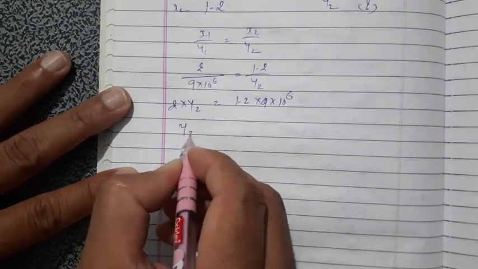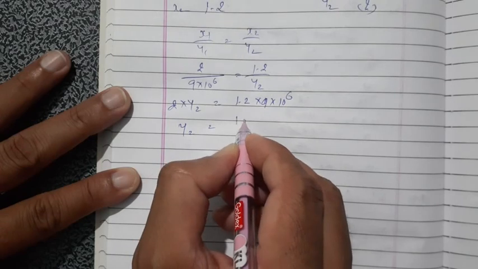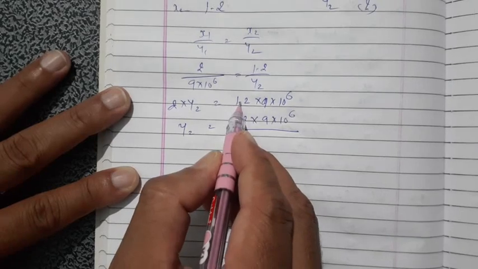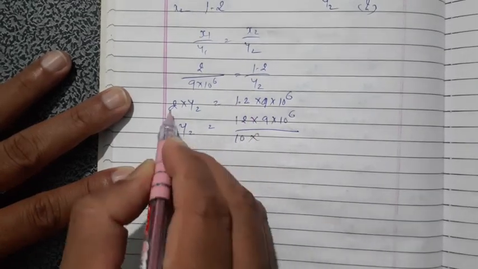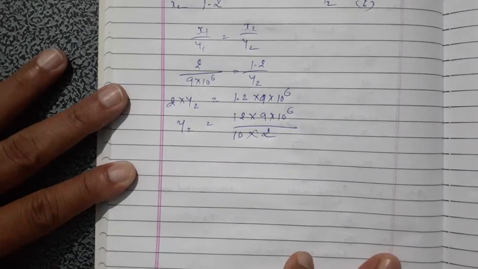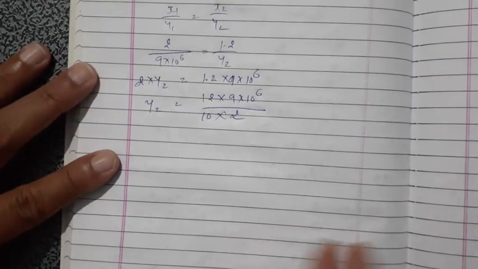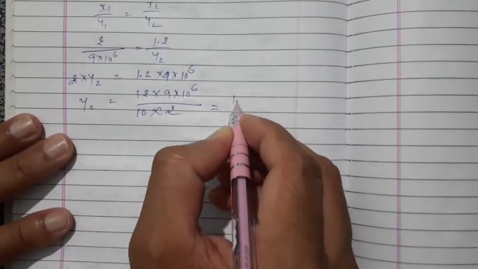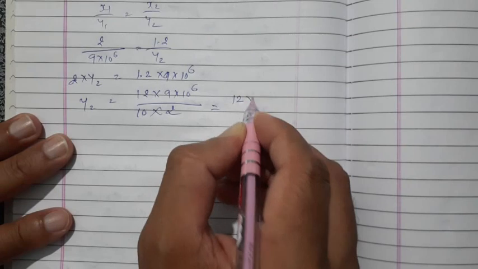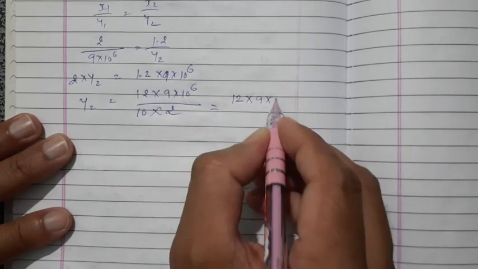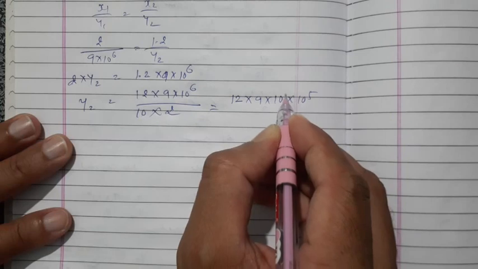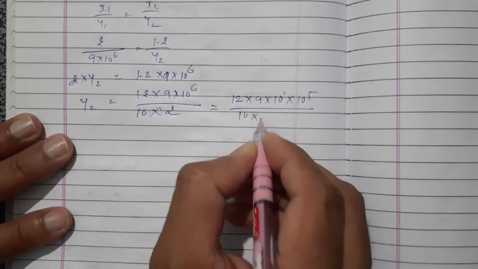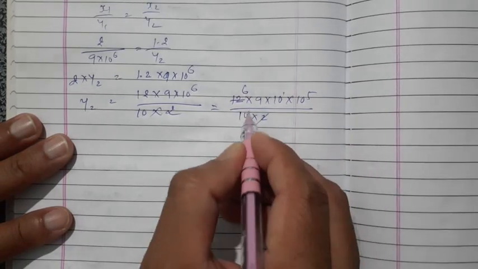So y2 equals 1.2, which means 12 divided by 10 for the decimal, into 9 into 10 raised to 6, with 2 at the denominator side. Look, I just write 12 into 9 into 10 raised to 6 as 10 into 10 raised to 5, in fraction form. 10 into 2: 2 6s are 12 and the 10 cuts.